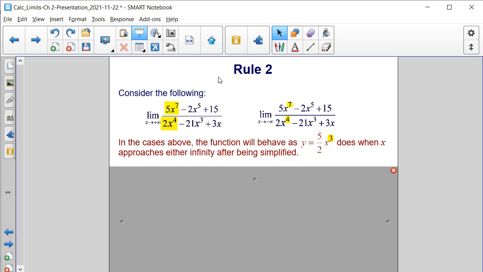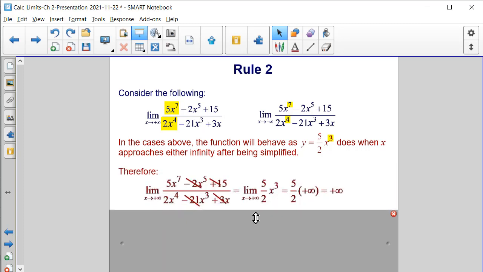In the cases above, the function will behave similar to the function y equals 5 halves x cubed when x approaches either positive or negative infinity, after being simplified. In other words, we can use that crossing out of lower degrees strategy that we did in rule 1 to make the limit of our rational function as x approaches positive infinity simplify to the limit of 5 halves x cubed as x approaches positive infinity.